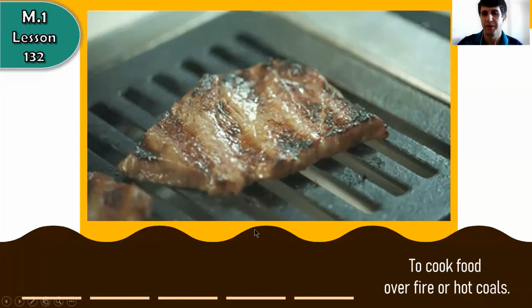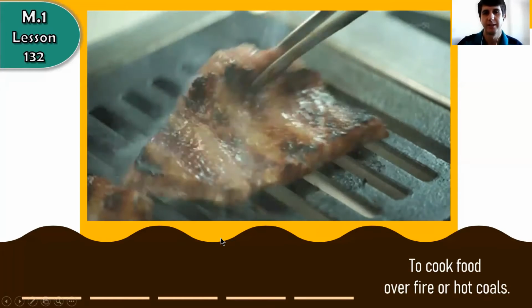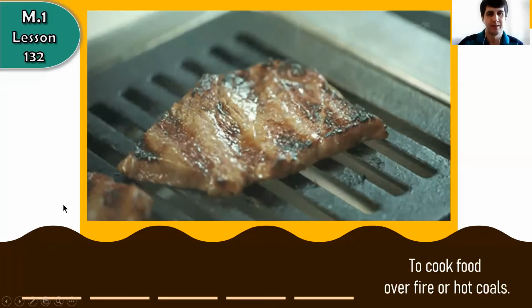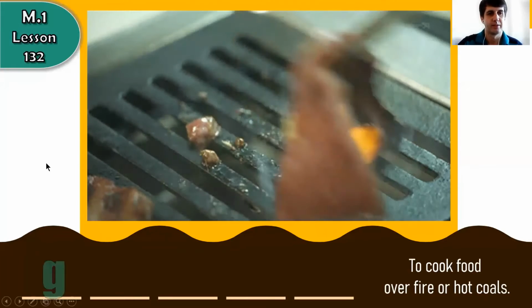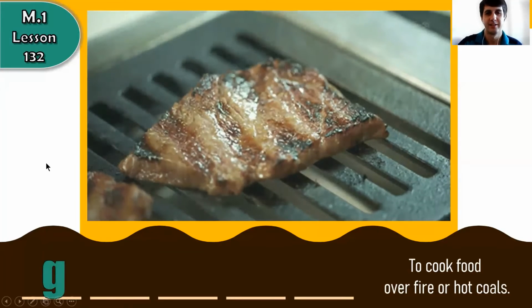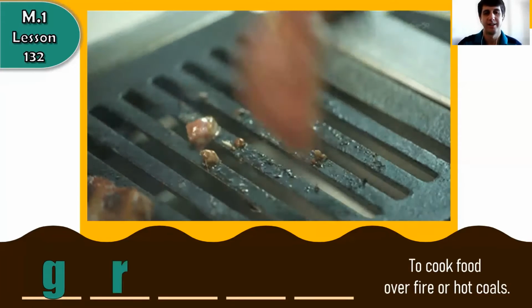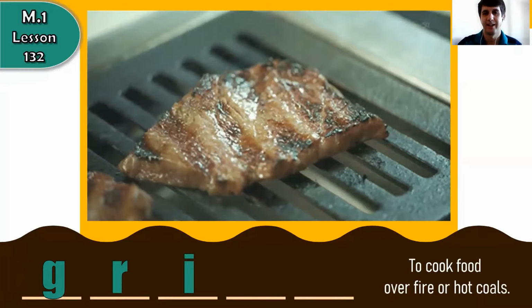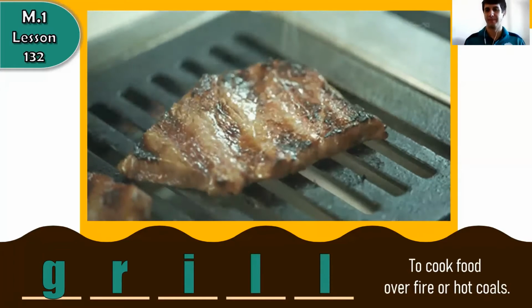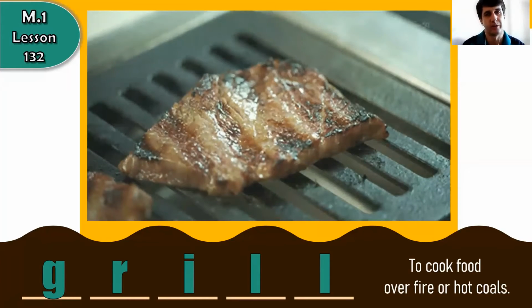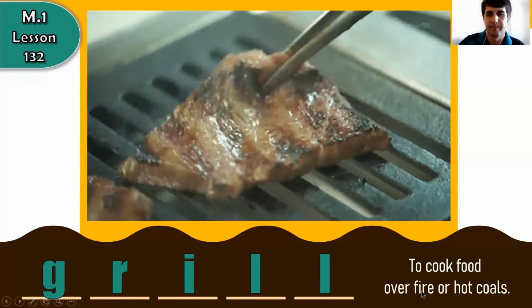So maybe a barbecue would be this. It's called grill. How do we spell grill? G, gr, R, I, double L, grill. So we have different ways to cook food. We can boil it or we can grill it.